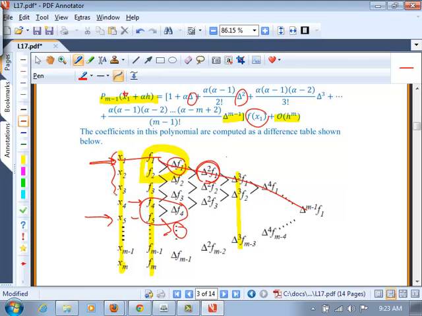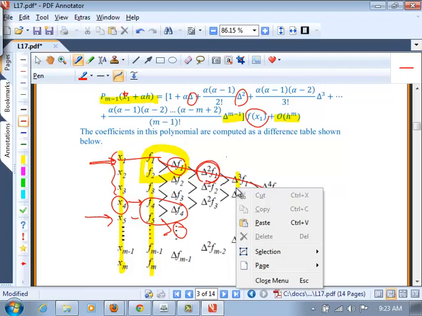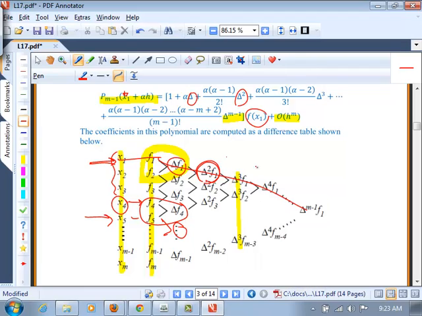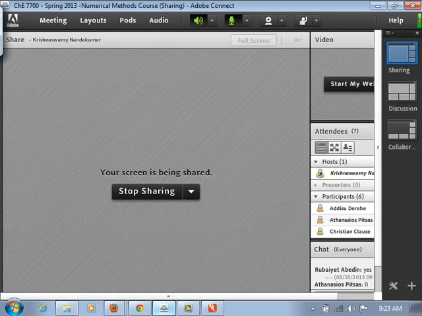Then I can just increase the term, the next term in the series, and increase the degree of the polynomial. Any questions? Okay. These are simple stuff, easy stuff, right?